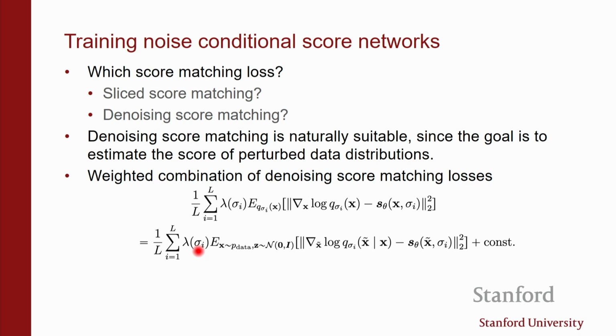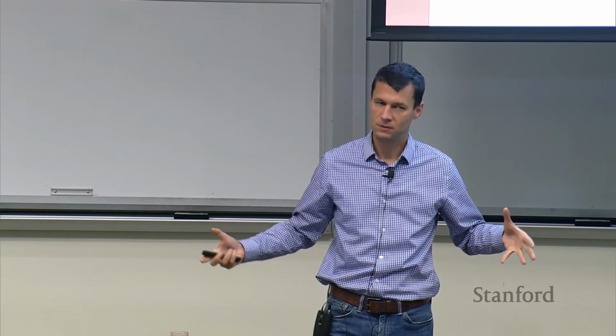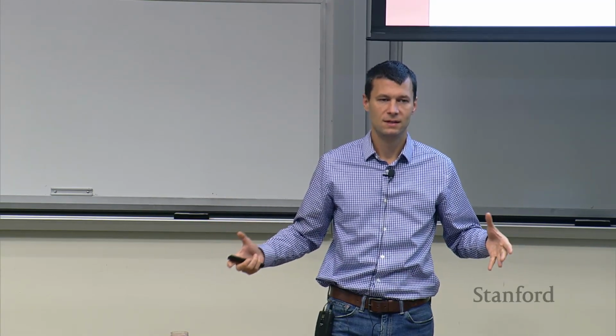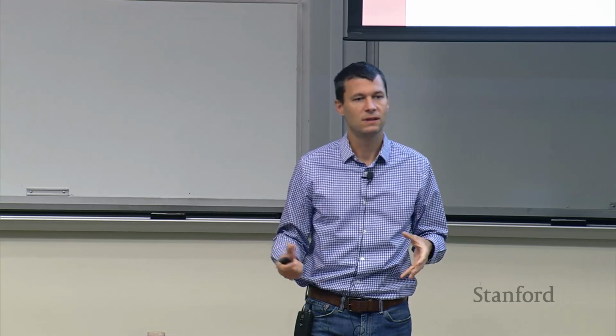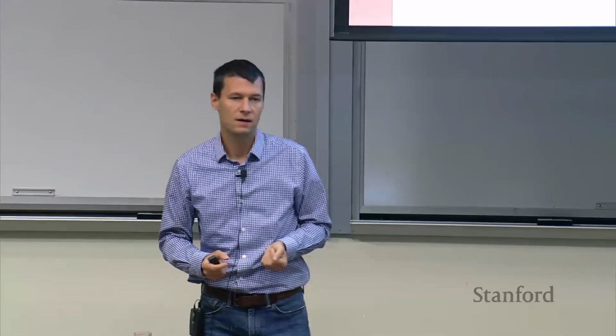And so if you think of it from the denoising perspective, we're not just learning to denoise data that has been perturbed with a fixed amount of noise, but we're basically learning a family of denoisers, each one working with different amounts of noise. So there is a denoiser that works when the data is corrupted with a very large amount of noise, and there's going to be a denoiser that works when the data is corrupted with a smaller amount of noise, all the way down to almost no noise being added to the data.